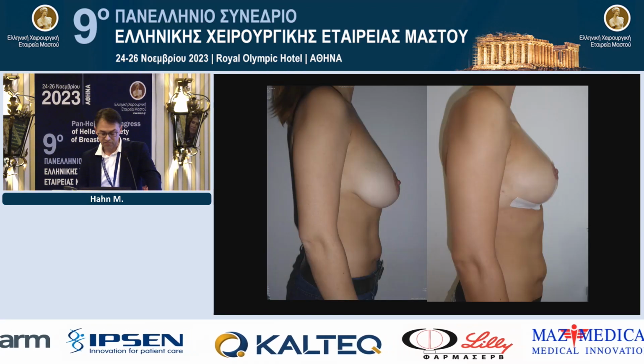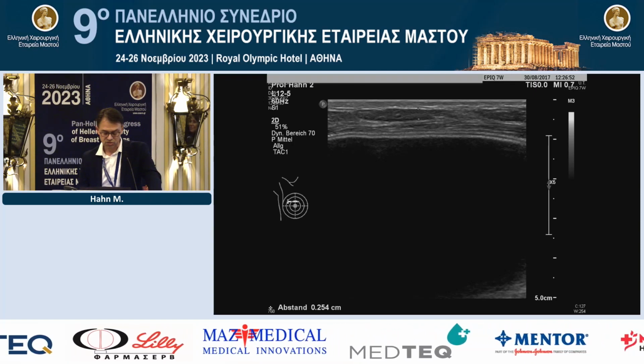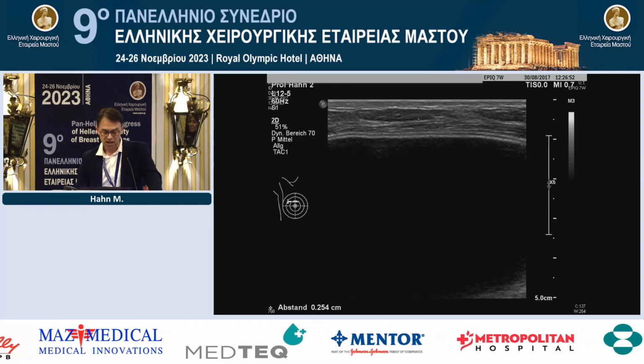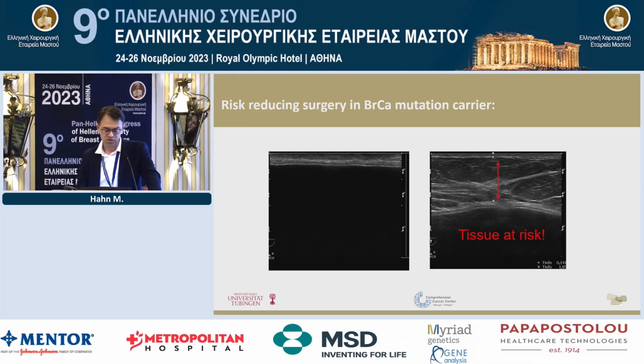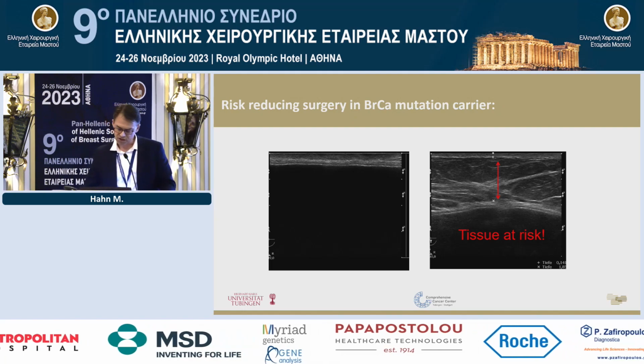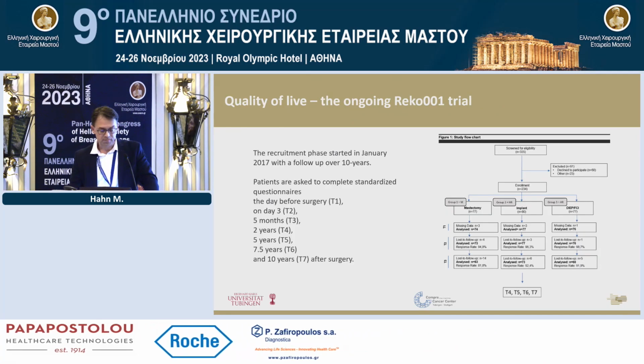This is a patient after the surgery, and this is her ultrasound result, and you do not see any tissue left behind. So risk-reducing surgery in BRCA mutation carriers is very important, so don't leave any tissue behind.